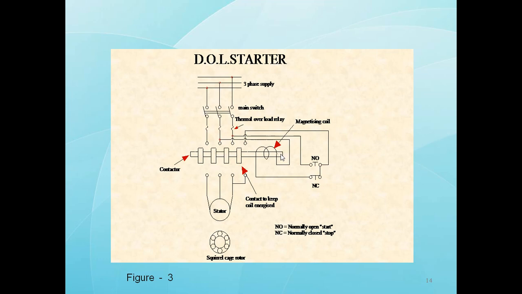That is, when the on button is pressed, the contactor coil C becomes energized through the off switch and the overload relay OLR, and its open contacts are closed.